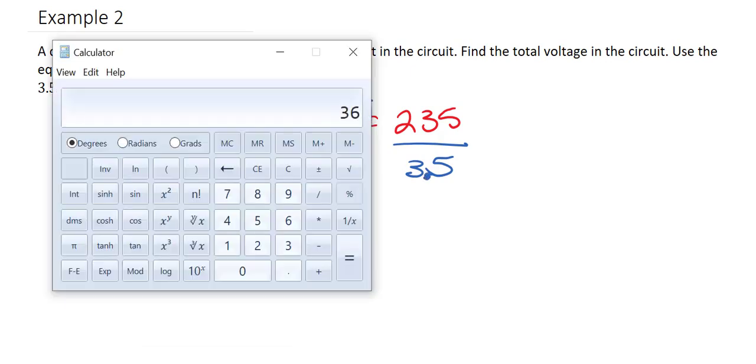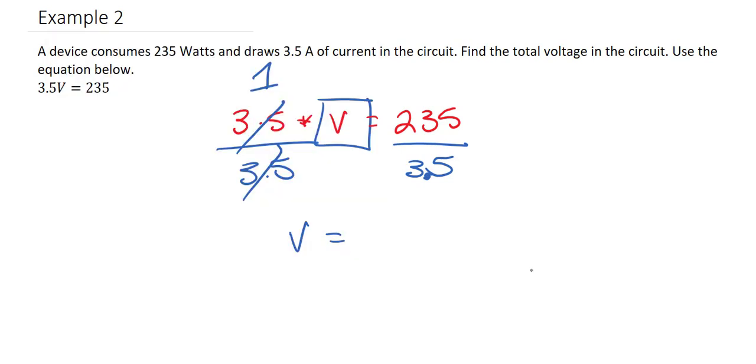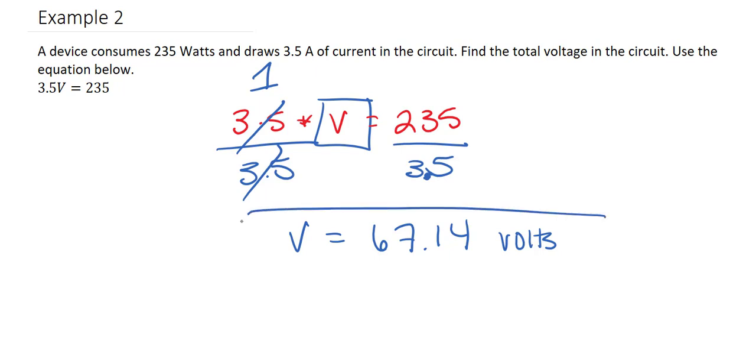Now we're going to go get our calculators out. And we get 67.14. And this is in volts, we could say, or just however we want to show that it's voltage. And so this is our solution.